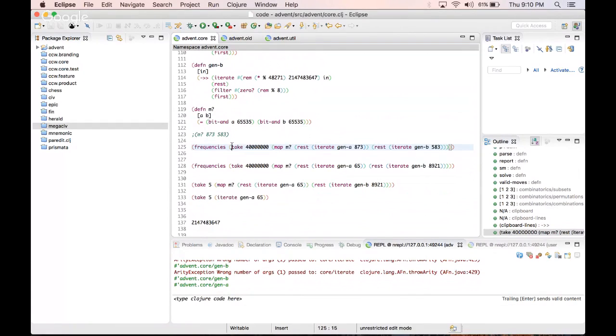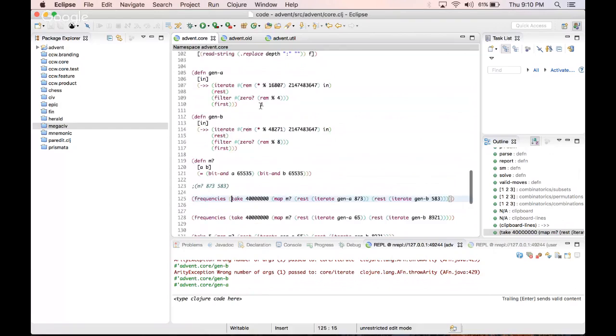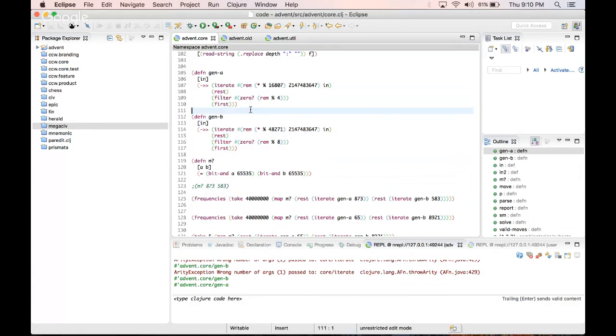And yeah, if these numbers are co-prime, then the program, my guess, is going to take 8 times as long to run, because we're going to be effectively bound by the behavior of gen B here.